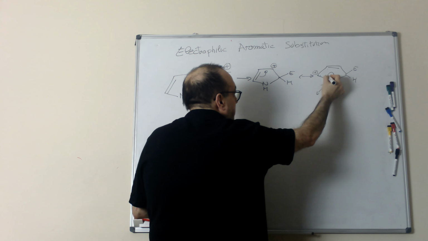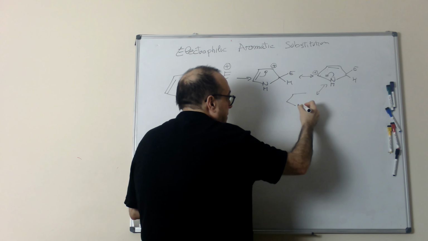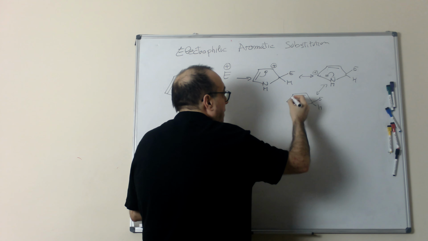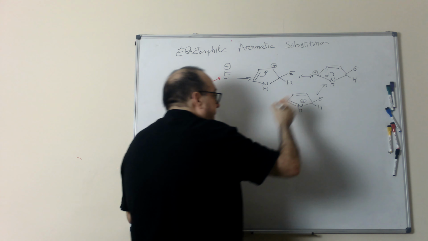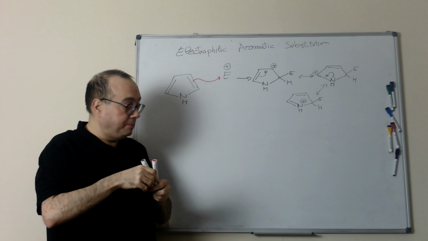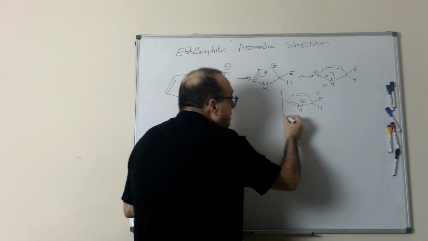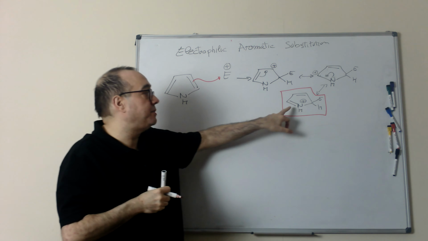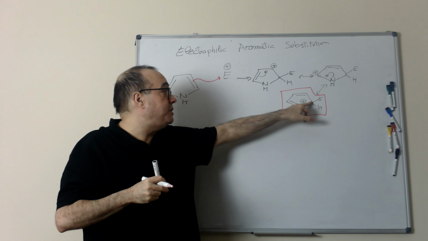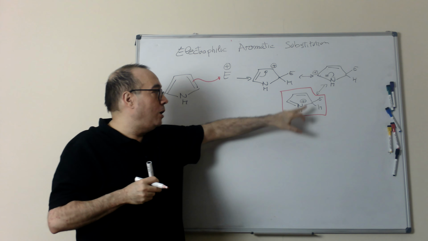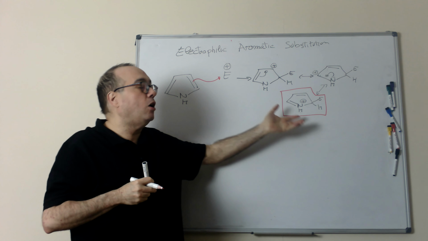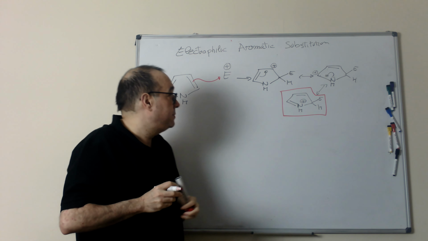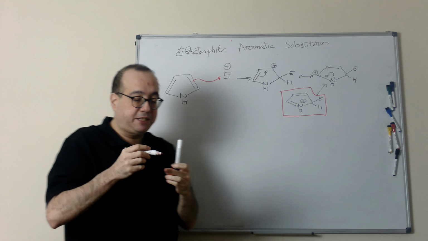If now a pair of electrons is moving here, I will get this one. And be careful, because this is the most important resonance structure. Why? Because in this resonance structure, despite we have the positive charge in the most electronegative atom, all the atoms have the octet. And this makes this resonance structure the most important. Okay, we have 1, 2, 3 resonance structures.